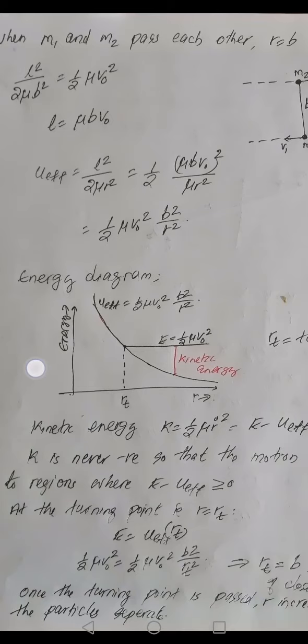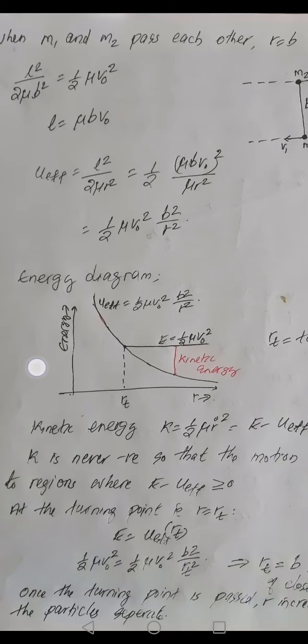So what happened? We have the potential energy and total energy. If we have the potential energy and total energy, we can calculate the kinetic energy. The total energy is kinetic energy plus potential energy. Therefore kinetic energy is total energy minus potential energy. The red one is the kinetic energy, that means the difference between the energy and the effective potential energy.